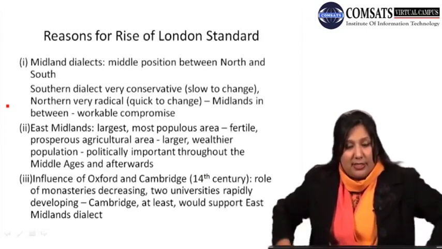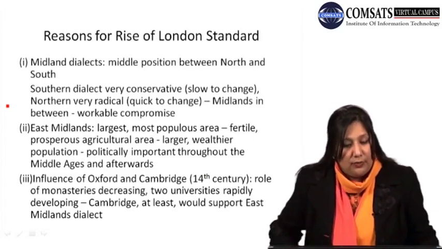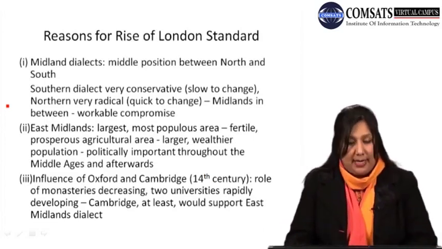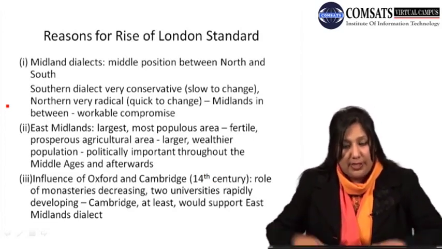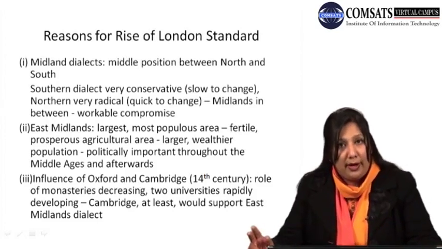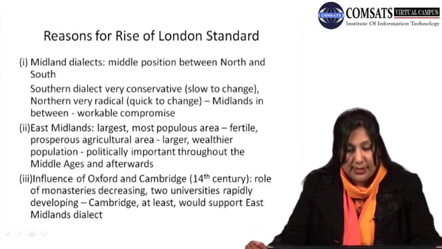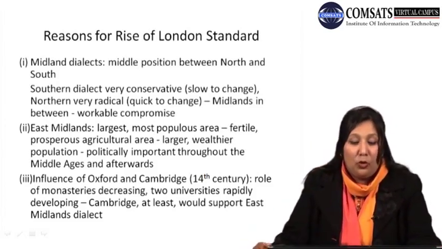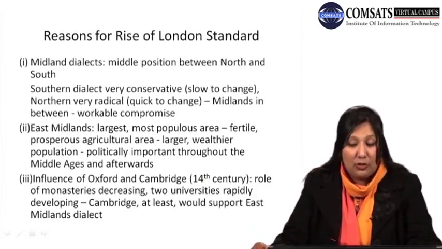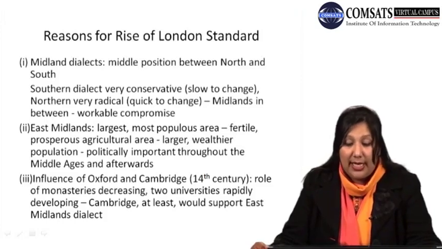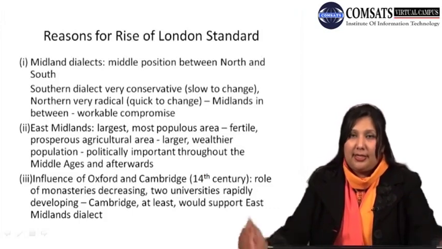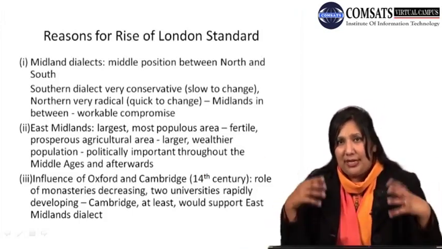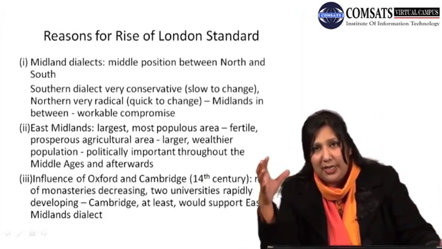Then the third reason was the influence of Oxford and Cambridge. These two were other influences on the English language in the 14th century. Role of monasteries decreasing, two universities rapidly developing. Cambridge at least would support East Midland dialects. Yes, there were different monasteries that were already created in the Old English period.